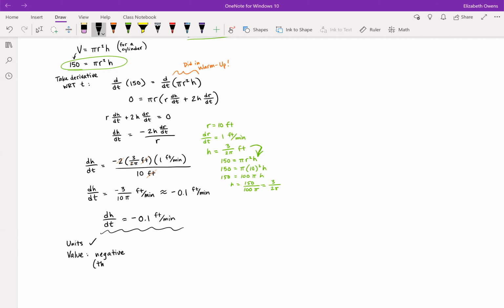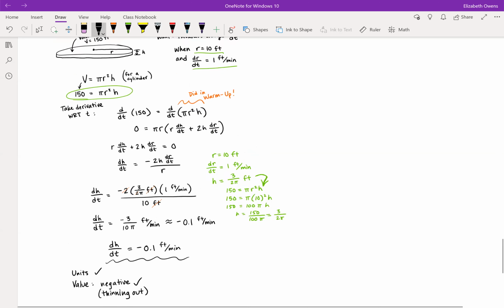So thinning out. So that makes some sense. And the size of the value also seems in the right ballpark-ish. About 0.1 feet per minute. That'd be about like a little over an inch per minute or so.